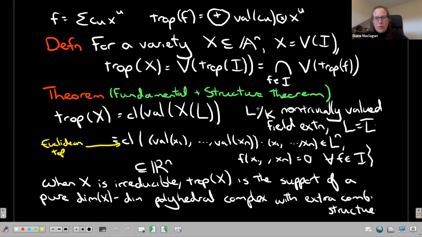I've written it in a slightly more technical fashion because we have to worry about the fact that my field might not be algebraically closed and the valuation might be trivial. So what I technically do is pass to a field extension. For example, if your field was the complex numbers, you might pass to the Puiseux series that I introduced a few slides ago.